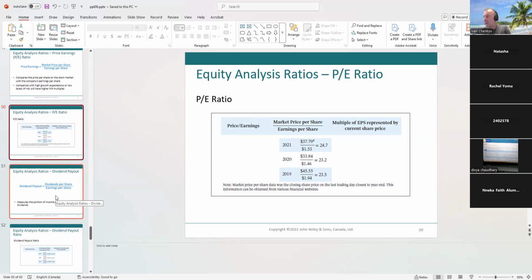For example, if you want to get 1,000 US dollars today, you have to give 1,500 Canadian.